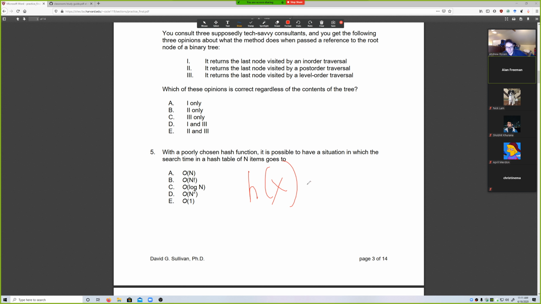Here's h of x equals 1. I was going to do h of x equals 0. So this would hash everything to index 0, meaning every key is going to be inserted into the same index. So what would the runtime for that be?